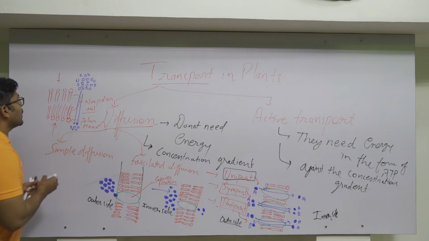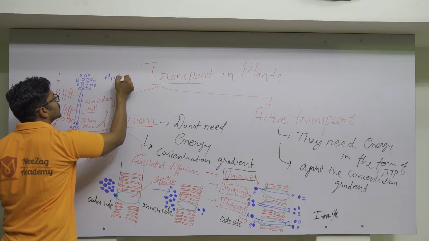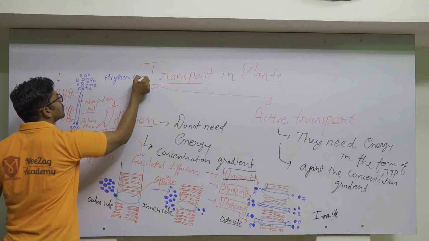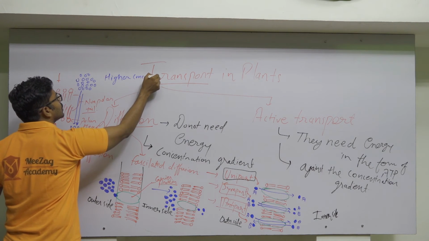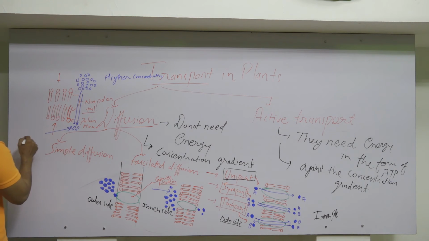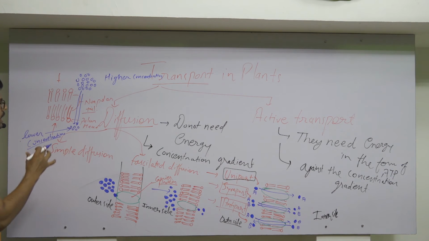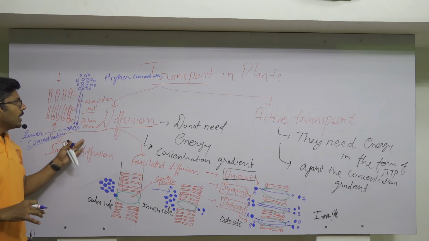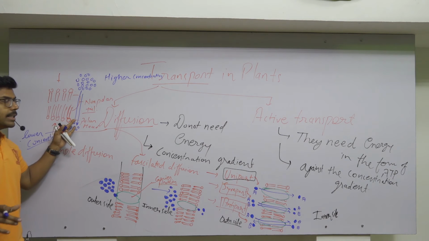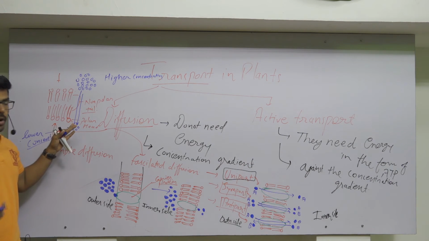Here it is the higher concentration, whereas here it is the lower concentration. So that is called simple diffusion. They don't need energy, and they don't need any carrier protein or channel protein.